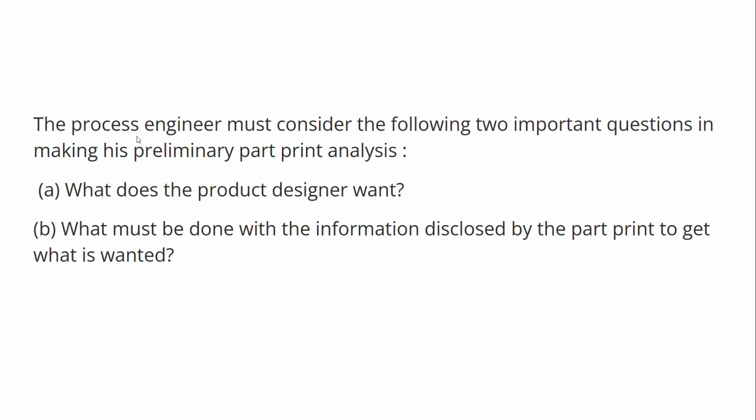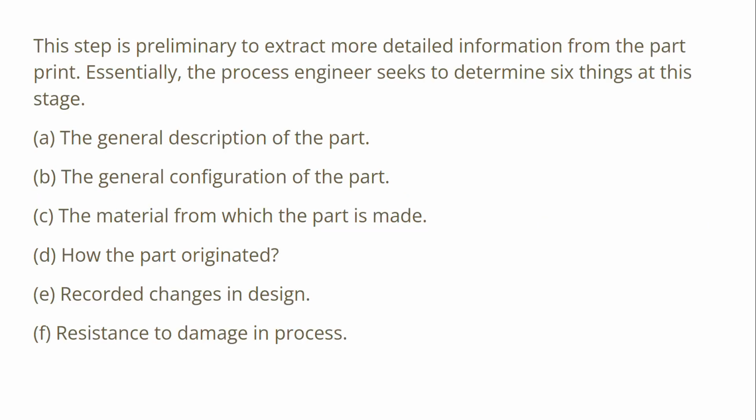The process engineer must consider the following two important questions in making his primary part analysis. What does the product design want? What must be done with the information disclosed by the part print to get what we want?